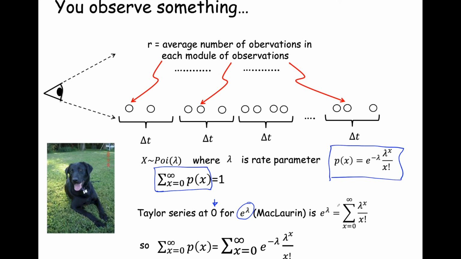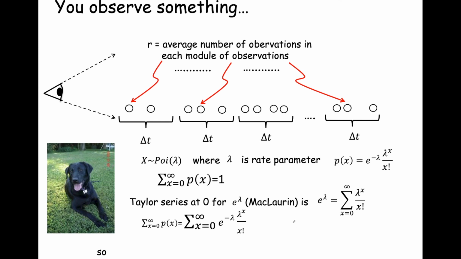It's very, very straightforward. And so we're going to take our sum and we're going to literally substitute for p of x our probability mass function. So we have the infinite sum where x goes from 0 to infinity of p of x, so e to the minus lambda, lambda to the x power upon x factorial.